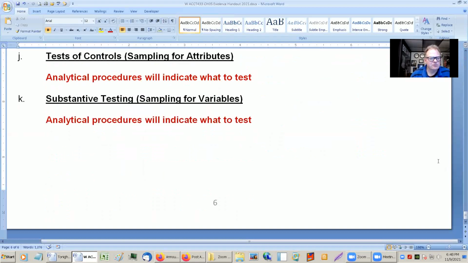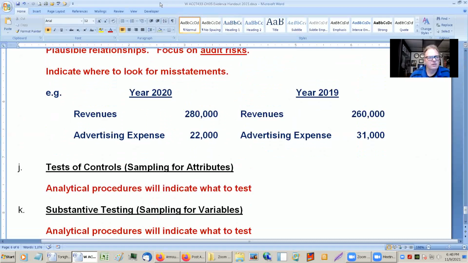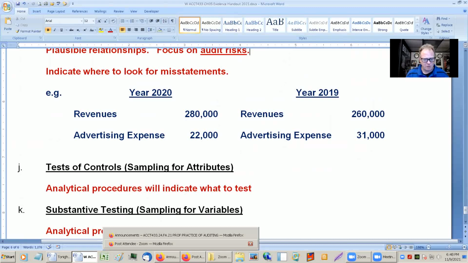Is that it for the handout? Oh, okay. Well, I think what I'm going to do now is send out the multiple choice. Give me a second here.